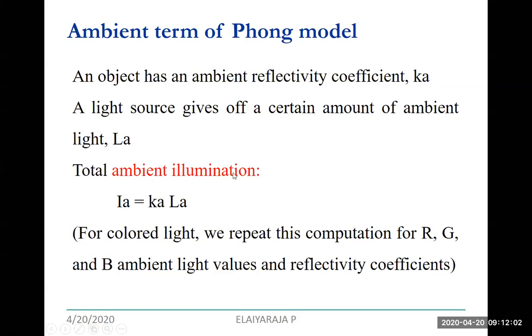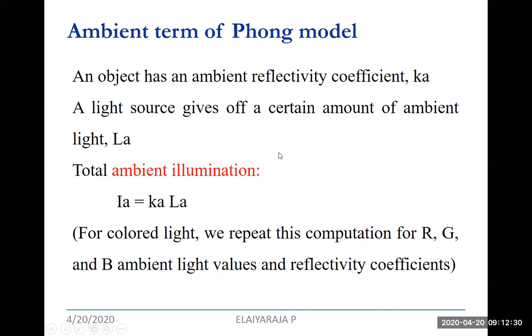So for the total ambient light, you calculate using the coefficient factor of your ambient and the light source. For colored light, we repeat this computation for red, green and blue ambient light values and reflectivity coefficients.